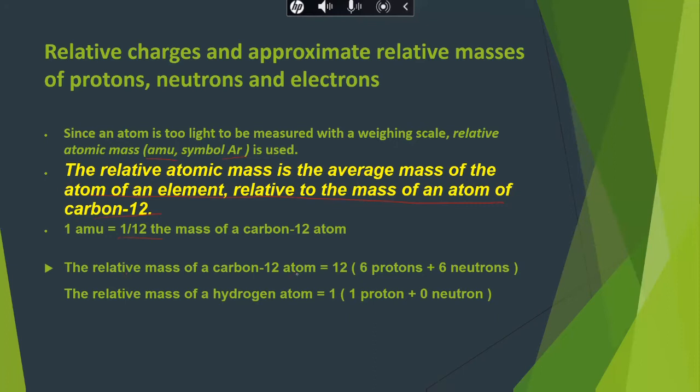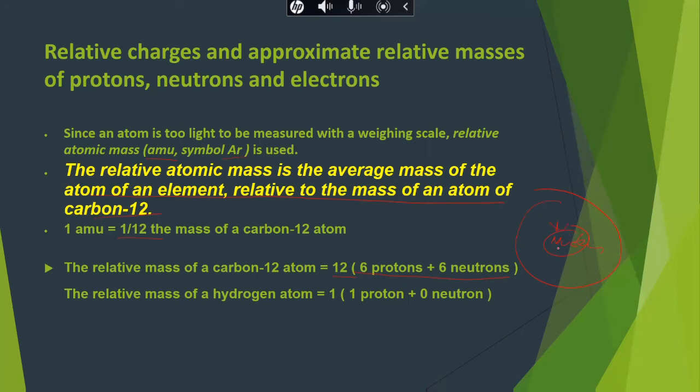Suppose the relative mass of carbon-12 is 12: 6 protons plus 6 neutrons. Mass number means we are talking about the nucleus, where protons and neutrons live. These are shells. Here we are talking about this area.